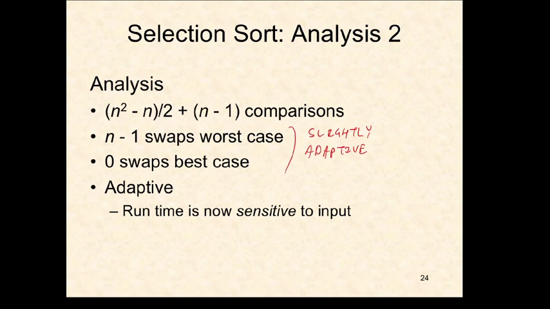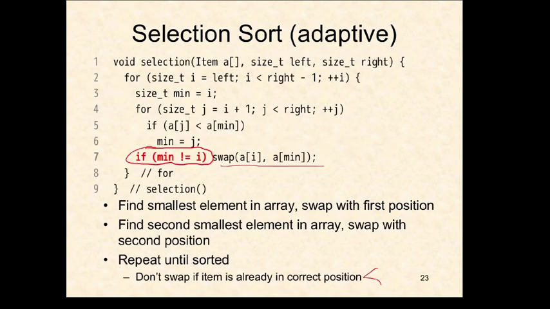Because we did increase the number of comparisons. Now this, the n squared minus n over 2, is the same as n times n minus 1 over 2. I just wrote it differently. This is something we haven't counted until now. This is the number of comparisons of data. And up until now, comparisons of data is all we've been counting. We haven't actually been counting the comparisons on indices.